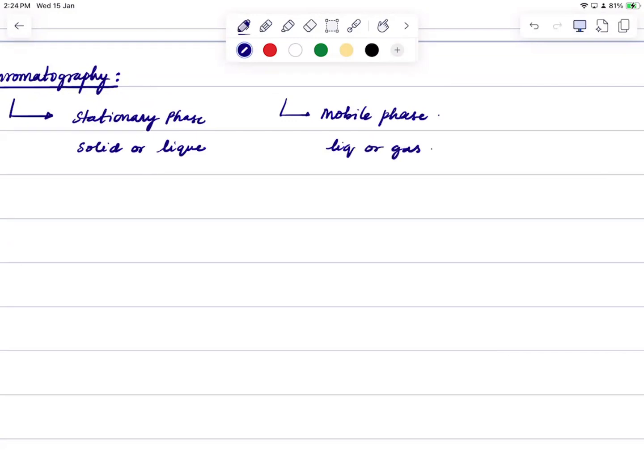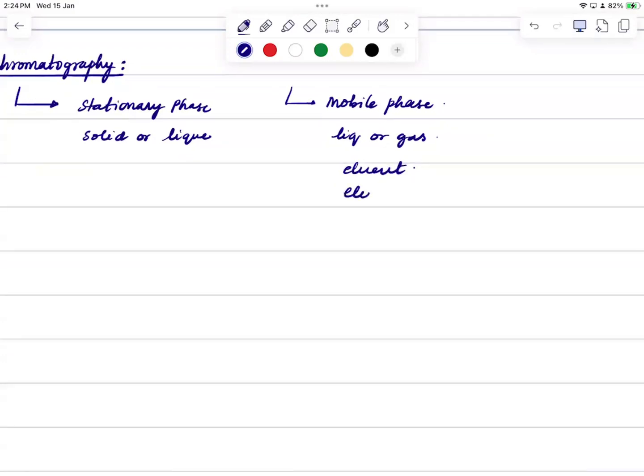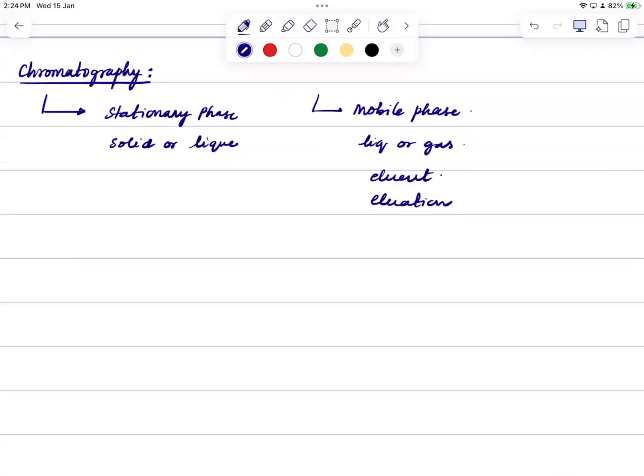Clear? Next, if a substance is being separated using a solvent, this process is called elution, and the solvent used is the eluent. So eluent is more related to the mobile phase, and elution is a technique to separate those molecules. So just keep this in mind.